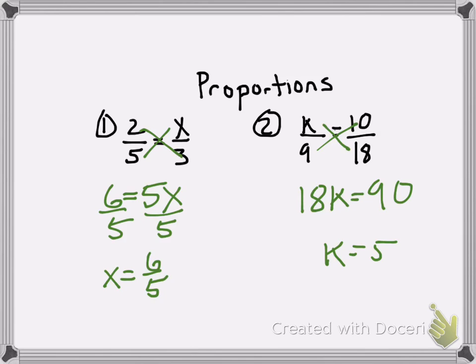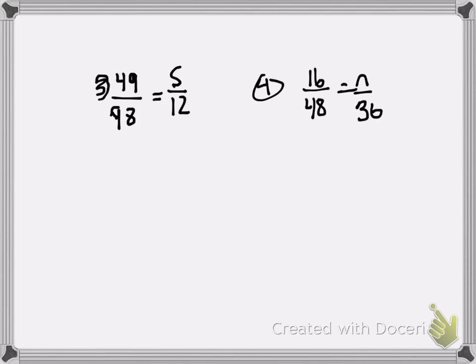I should write that down for you. Okay. Pretty straightforward again. I'm going to cross multiply. So I'm going to do 49 times 12. We get 588 equals s times 98, 98s. So I'm going to divide 588 by 98.